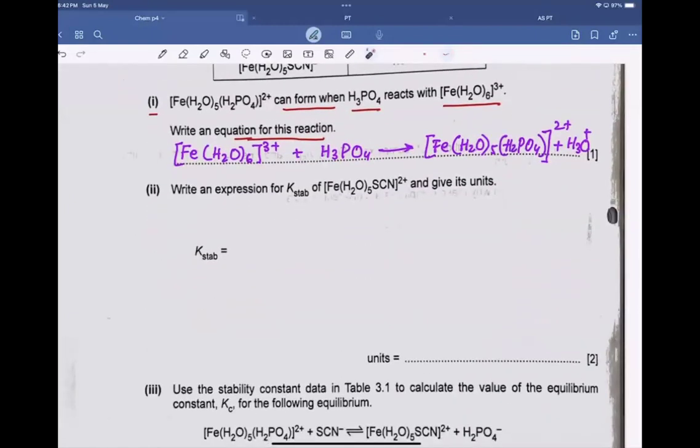Now, K stability expression. What they are saying is, write an expression for K stability of this complex and give its unit. Okay. So there is one water which is being released from the ligand, and I have told you that the waters which are released will not be written in the expression.